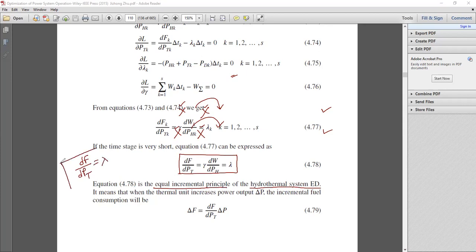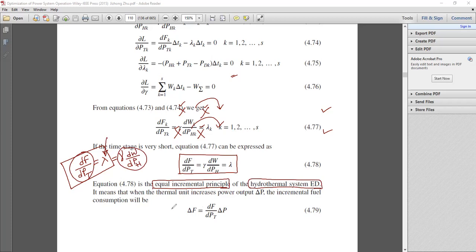This was the case for all thermal units. You can check back anytime. For the hydrothermal coordination, you have some additional terms like this. Both of these two are actually equal to the same lambda. So the equal incremental principle means, for the hydrothermal system economic dispatch, this relationship.